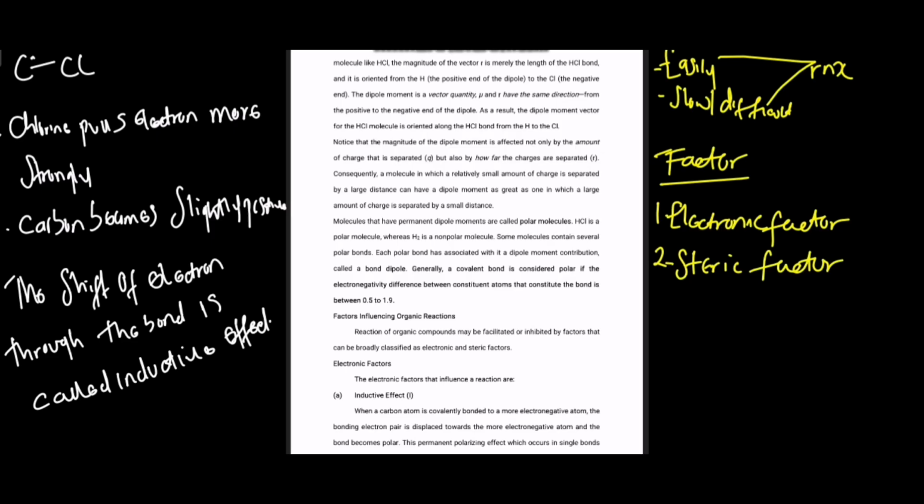When carbon is bonded to a more electronegative atom like chlorine, the chlorine atom attracts the electron towards itself, thereby making the bond unequal. As the chlorine pulls the electron towards itself, the carbon becomes slightly positive. And this shift of electron through the bond is what we call the inductive effect.